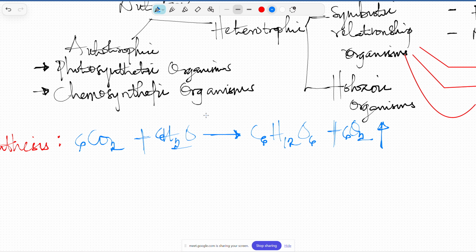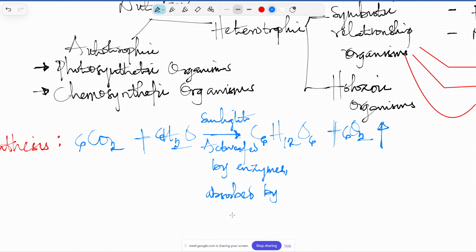Sometimes you can have this written like this. In some of our tests, they write like this: sunlight, activated by enzymes, absorbed by chlorophyll.